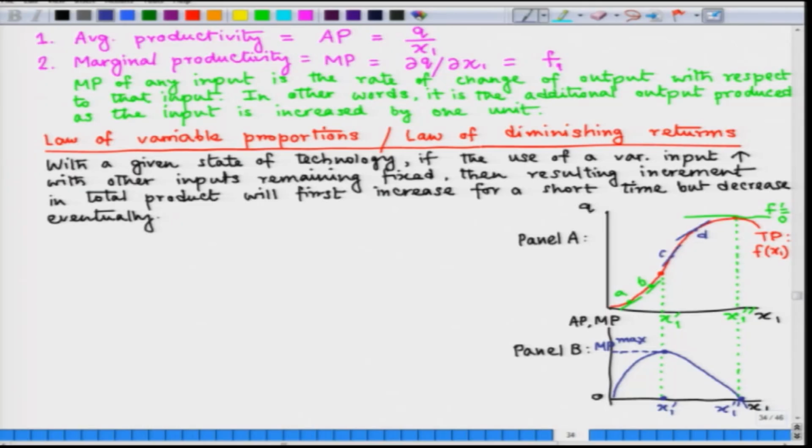Now, let us have a look at the shape of the average product curve. So, how do we get average product from diagram? So, we have to take any particular point on the production function, and we have to join that particular point with the origin through a straight line, and the slope of that joining straight line will give us the average product, right.